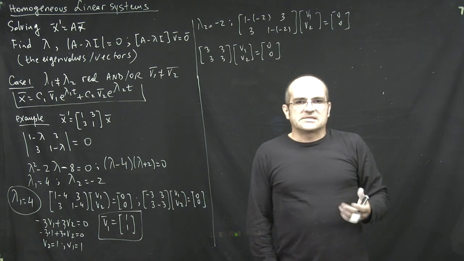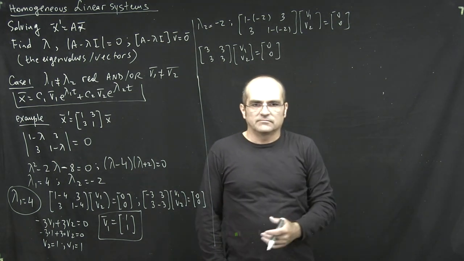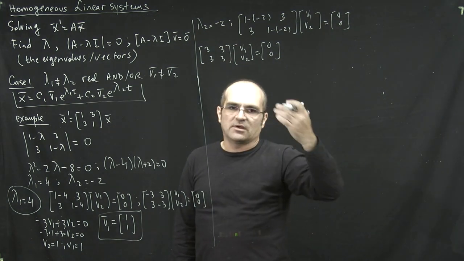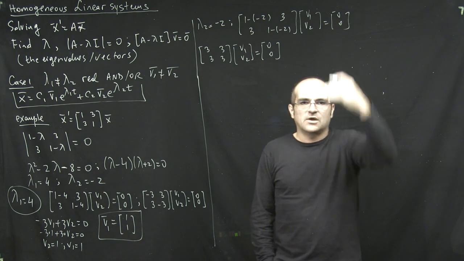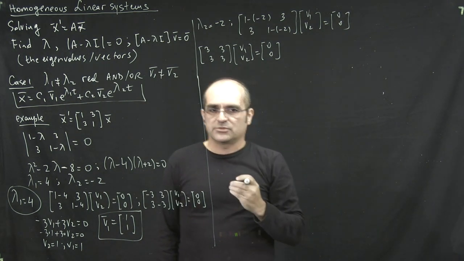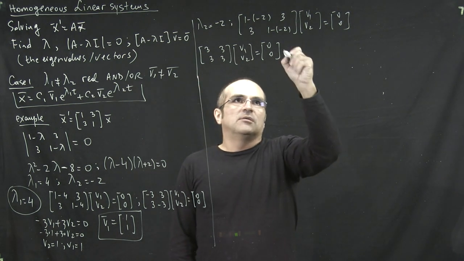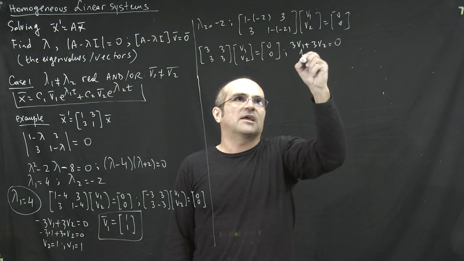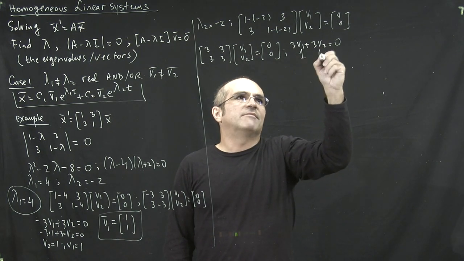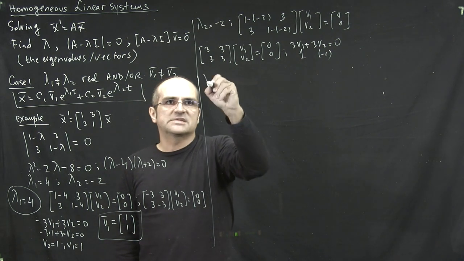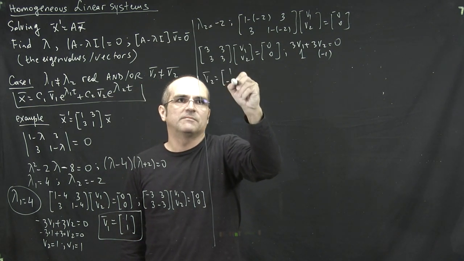That's the same thing as saying v1 plus v2 is 0, so v1 equals minus v2, or v2 equals minus v1. 1, minus 1, or minus 1, 1: any two opposite non-zero entries will form an eigenvector. Pick one solution from the one equation: if I plug in 1 for v1, then obviously v2 will be minus 1. So the second eigenvector will be 1, minus 1.